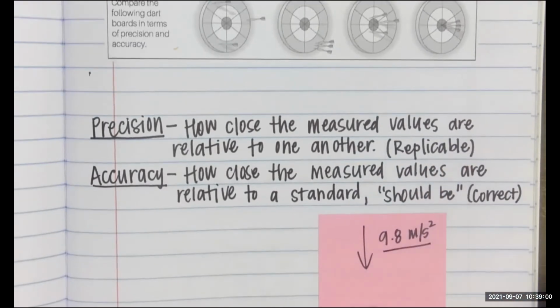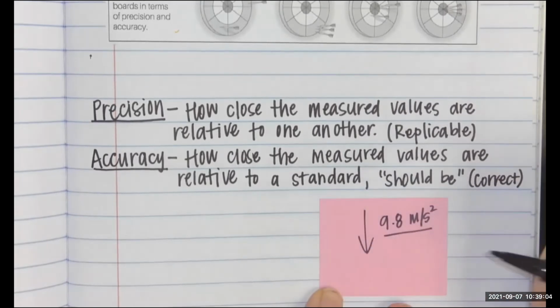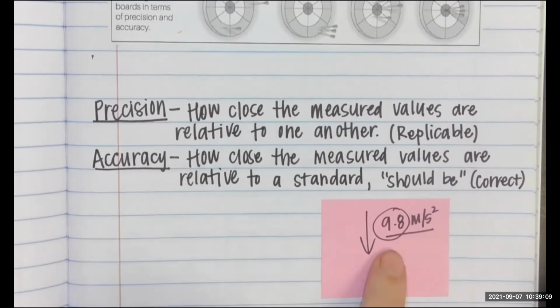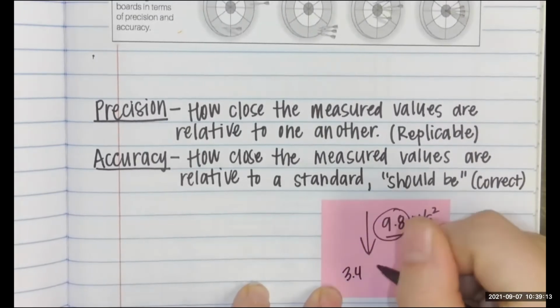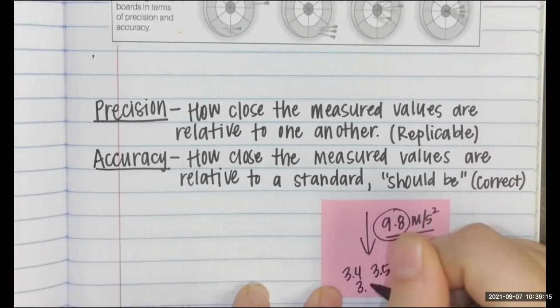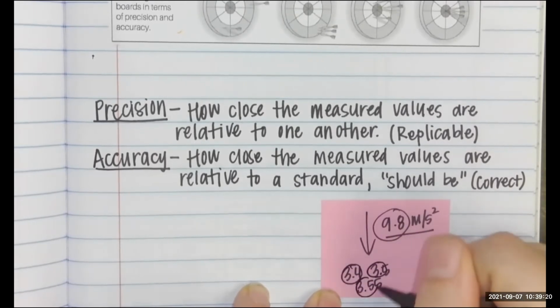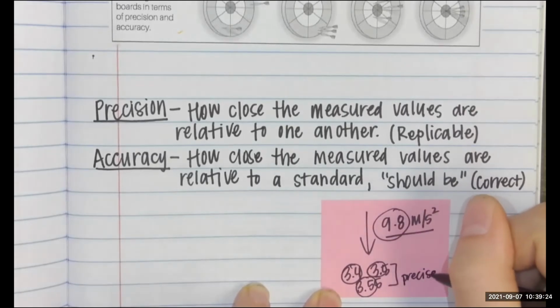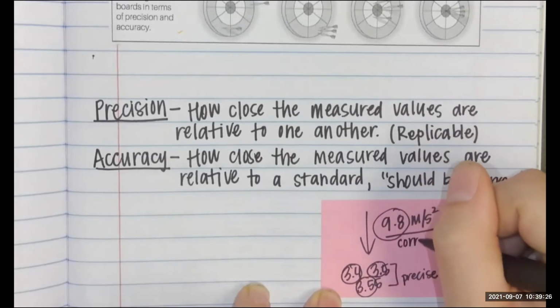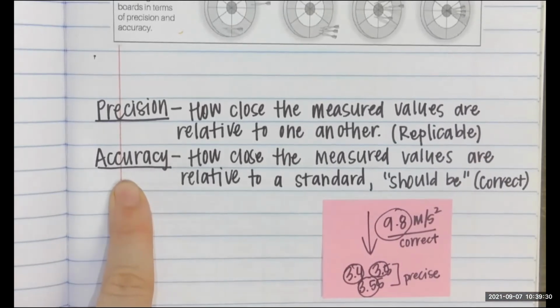So if I do an experiment and I'm not getting 9.8, then I'm not accurate because that's what I should be getting. I might be very precise. Maybe I get 3.4, 3.5, 3.55, numbers that are very similar to each other. That would be precise. But if I'm not actually hitting the correct value for gravity, then I'm not accurate. Does that make sense?